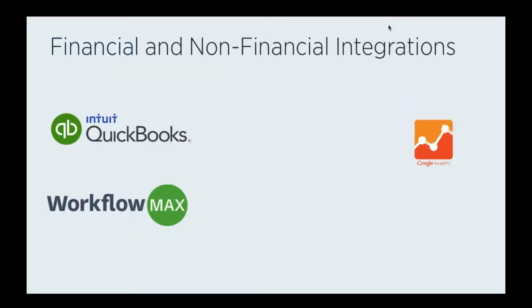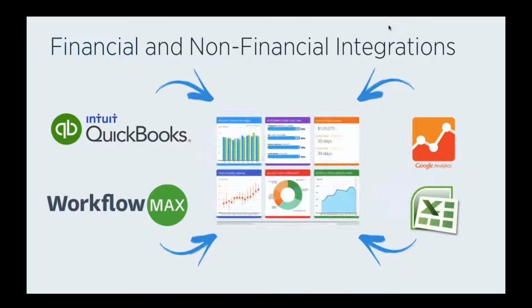So obviously we link to QuickBooks Online data, but we also link to some of these outlying databases such as Google Analytics. Google Analytics will monitor a business's website statistics, so returning visitors versus new visitors, time spent on each page, that kind of information.